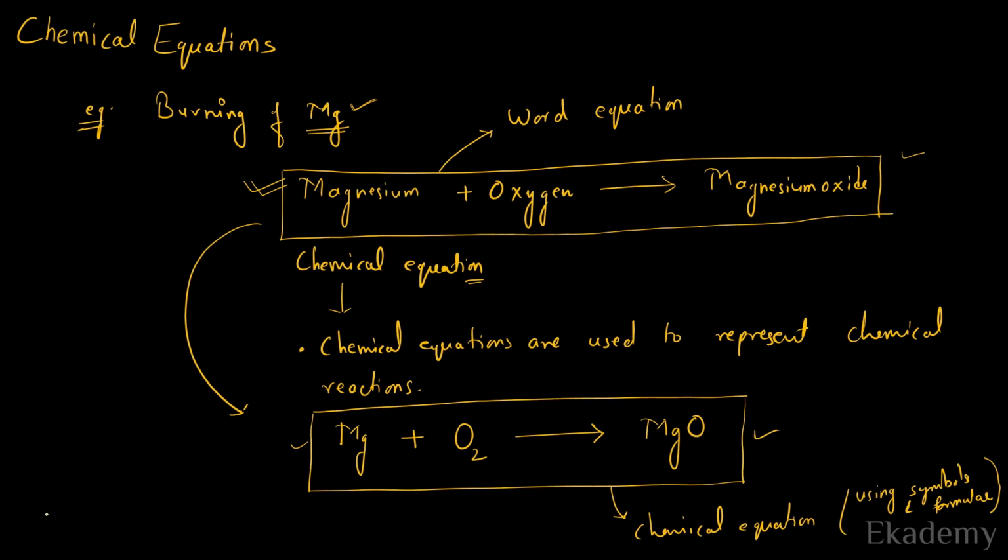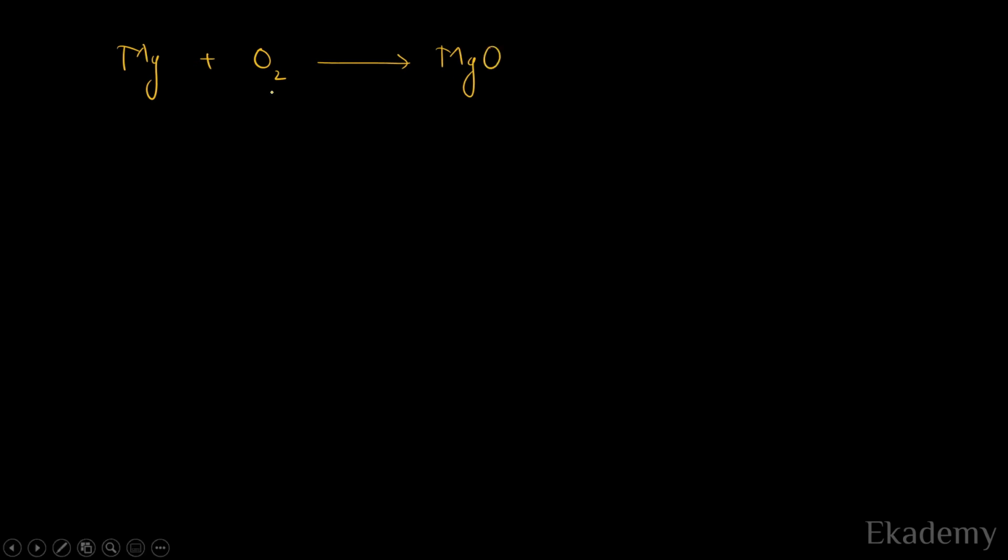Okay. Now, one thing that I would like to highlight here is in this chemical equation. Let me write it again. Magnesium, when it reacts with oxygen, forms magnesium oxide. Now, we are fully aware of the law of conservation of mass. So during a chemical reaction, mass is conserved.